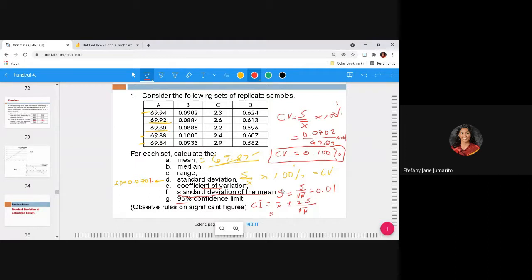So calculate. Now, at 95% confidence limit, Z is equal to 1.96. Z is equal to 1.96 at 95% confidence limit.